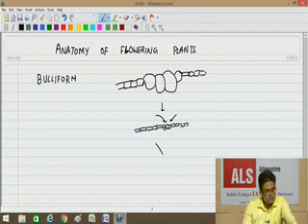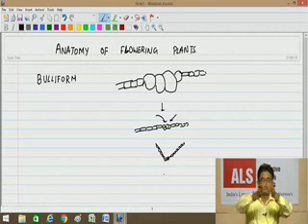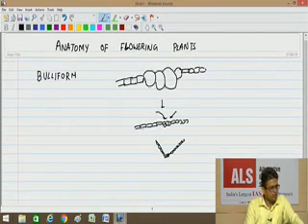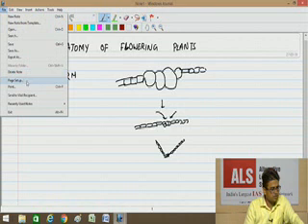The leaf becomes like this because these cells have suddenly shrunk together. This is found in some particular monocot grasses, and these are the bulliform cells. These are very important for your NEET examination, that is why I discussed this.